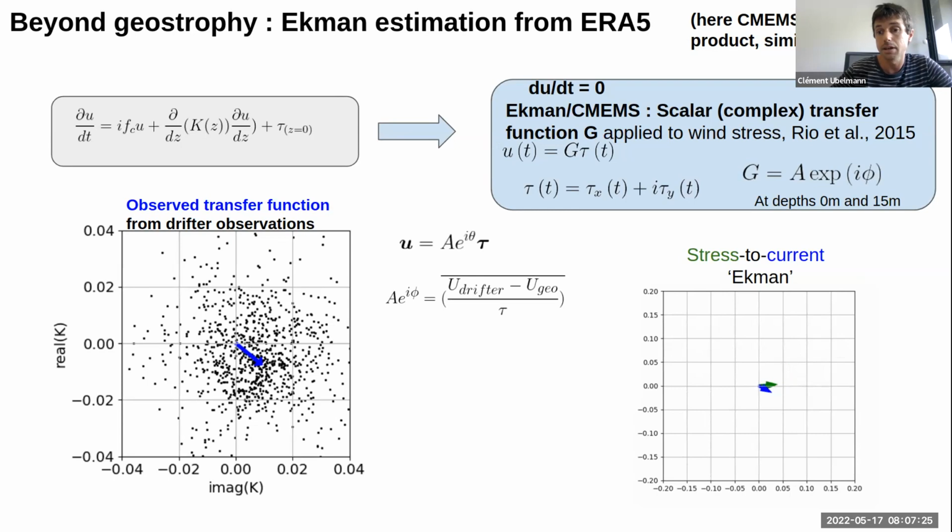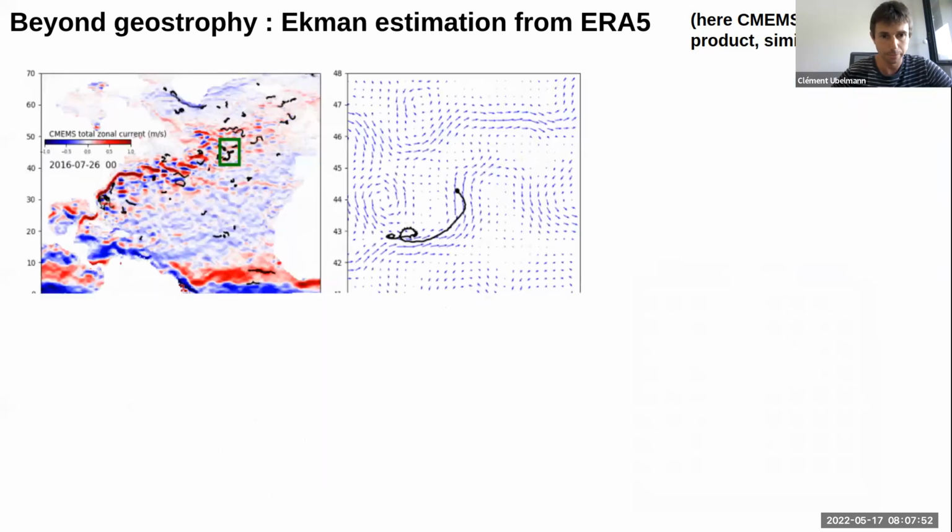This is actually empirically given by the drifters: from the drifter data, there is an empirical relation that makes a transfer function between wind and current, with this current here in blue always at a certain angle and with a certain ratio of amplitude with respect to the wind stress vector. That should explain a part, at least, of the Ekman current.